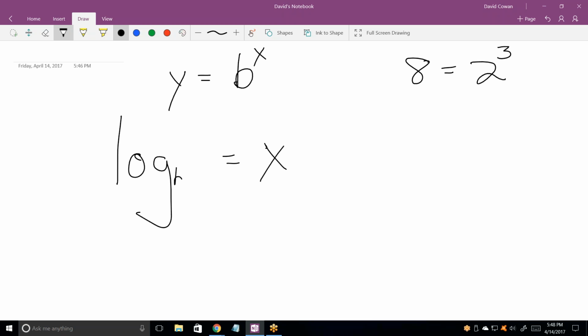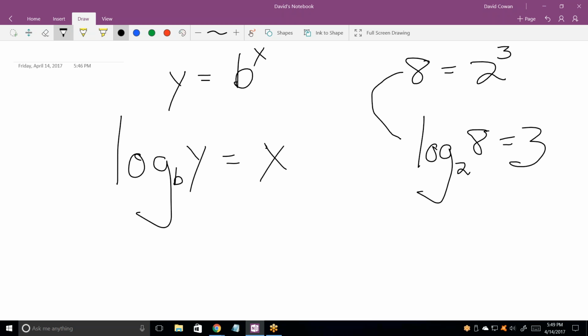Well, the b is always the base. It goes down there. And the y has only one place left for it. If I were to take this expression on the right and try to make a log expression of it, it would be log base 2 of 8 equals 3.